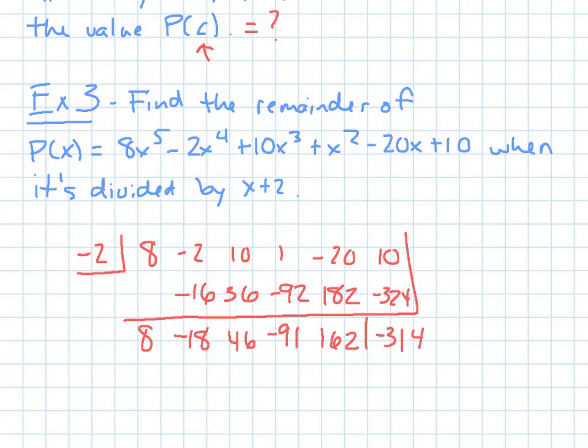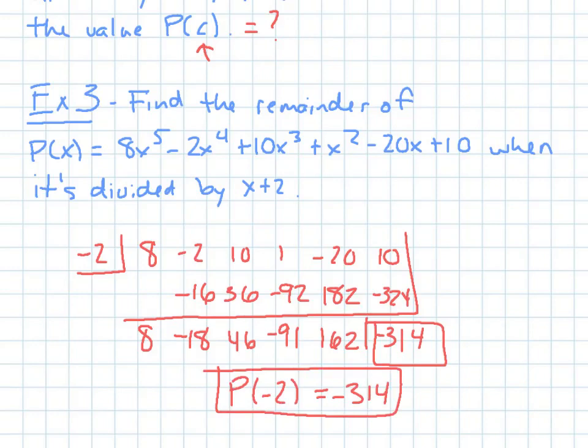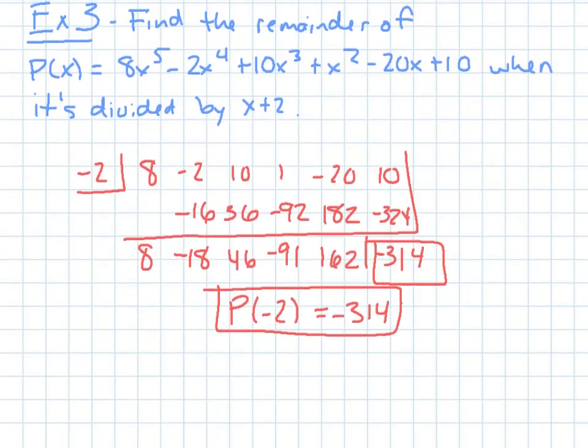So that would mean that p of negative 2 would equal negative 314. So it's just another way of evaluating for a given x using synthetic division.